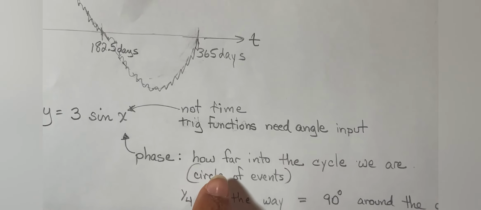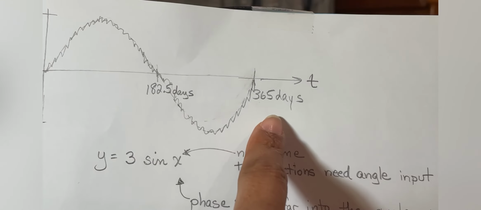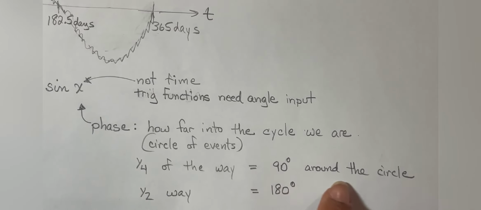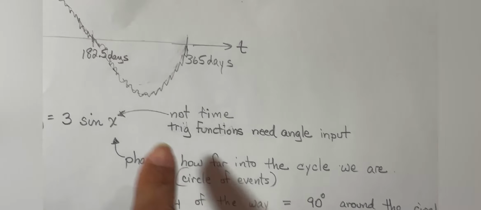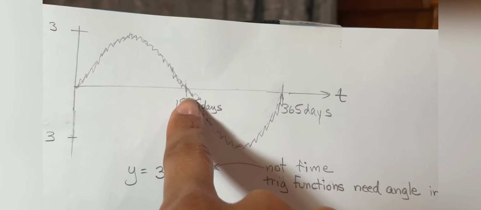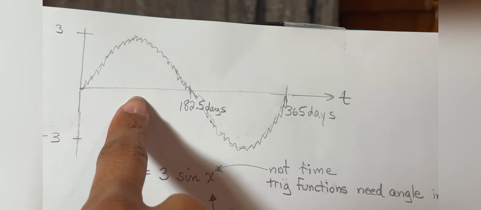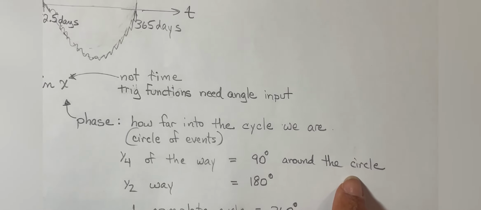And we're going to see that every time in this wave cycle can correspond to a certain angle around a circle. So if we're a quarter of the way into our wave cycle, our phenomenon here, a quarter of the way would be right here. That would correspond to 90 degrees around the circle.